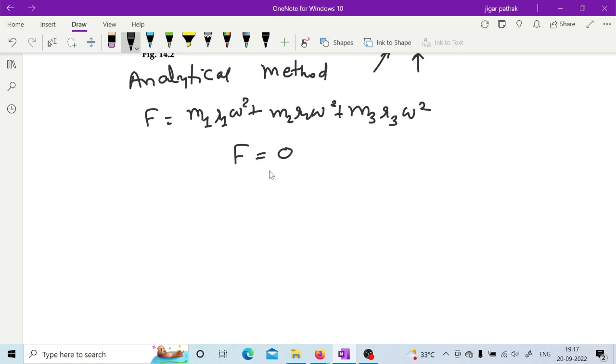Now in our case, as we have seen, this F is not coming 0. So when this F is not coming 0, then sigma F plus a certain balancing force must be equal to 0. Now this sigma F is nothing but this product of m and r.